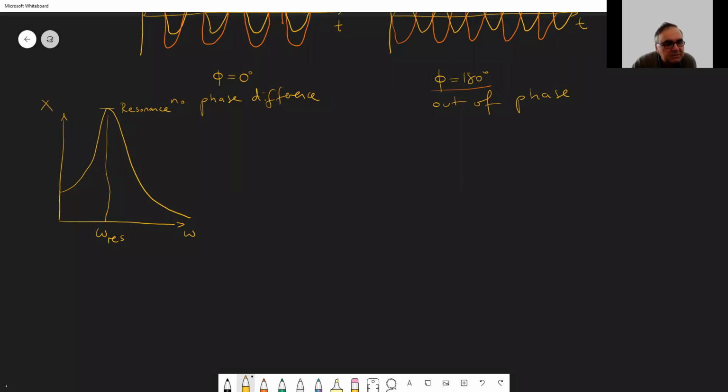This is X, let's say. When zeta is 0, the resonant frequency is equal to the natural frequency. The maximum value, let's say, this is X resonance.